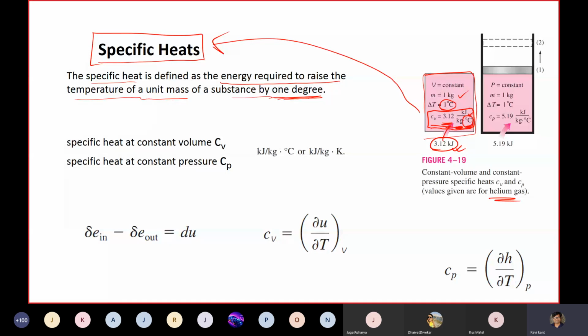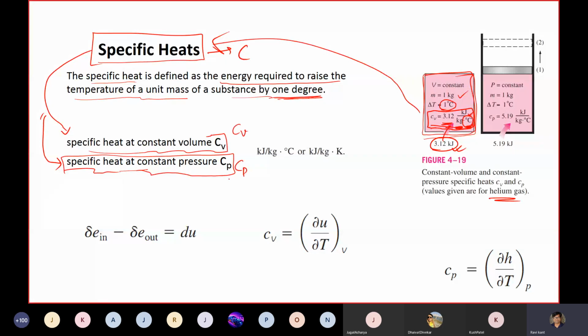Specific heat is basically divided into two classes: specific heat at constant volume, which I talked about just now for a rigid container, and specific heat at constant pressure. Generally it is denoted as C, but at constant volume it is denoted as CV, and at constant pressure as CP. And these are its units.